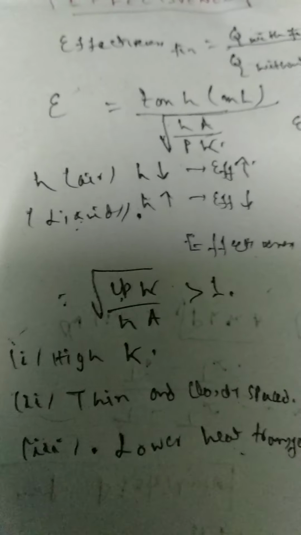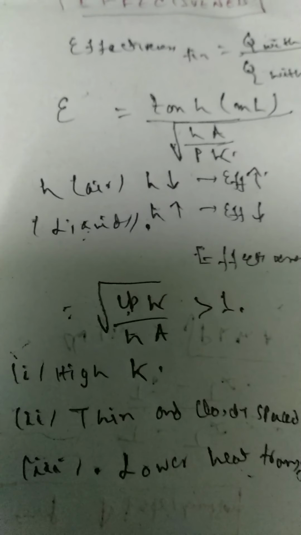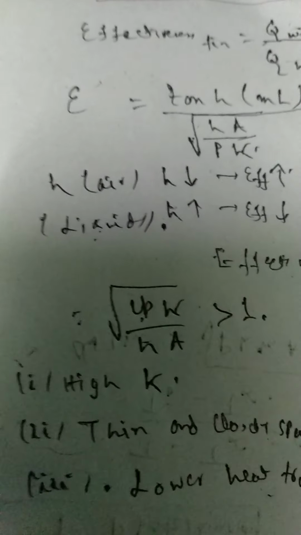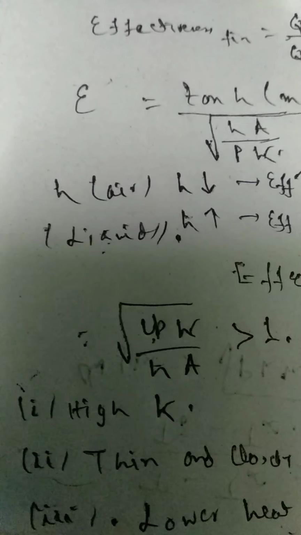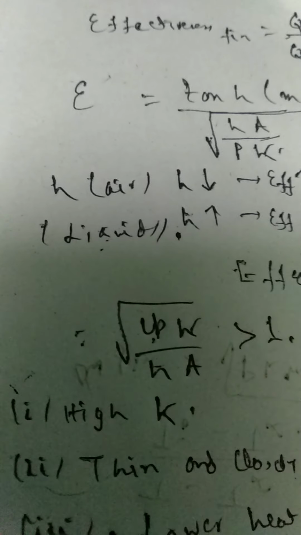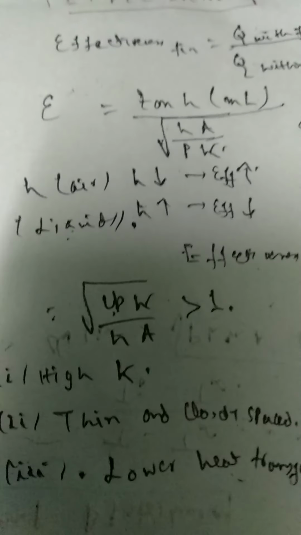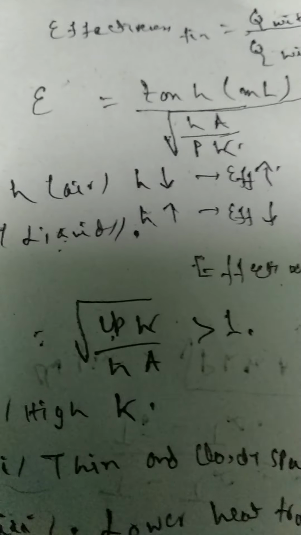Some other points: straight rectangular fins are generally advantageous for surface heat exchange with gases, but they are less effective for forced convection heat exchange, as with liquids.